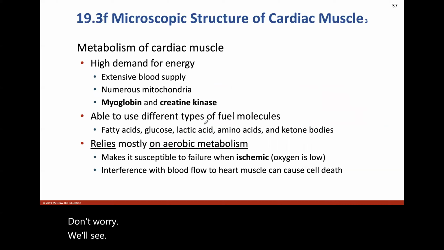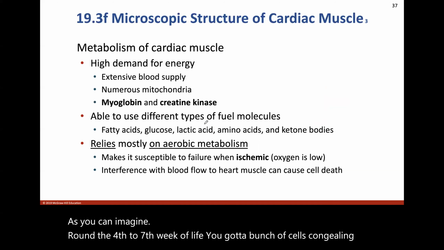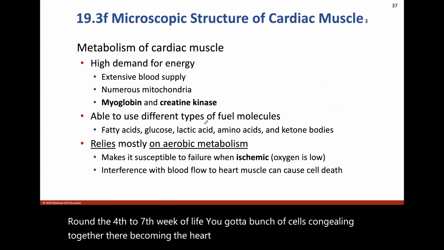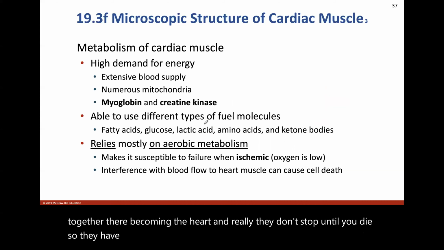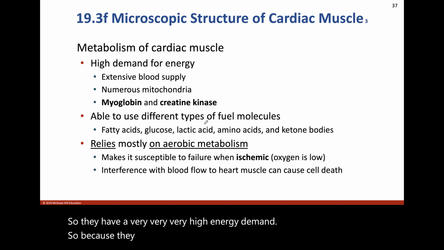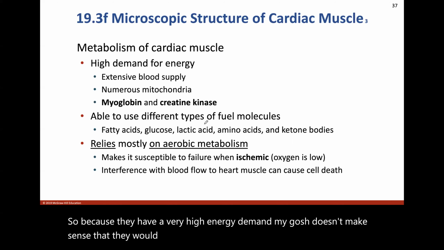As you can imagine, around the 4th to 7th week of life, you got a bunch of cells congealing together there, becoming the heart. And really, they don't stop until you die. So they have a very high energy demand. Because they have a very high energy demand, does it make sense that they would have a very extensive blood supply?